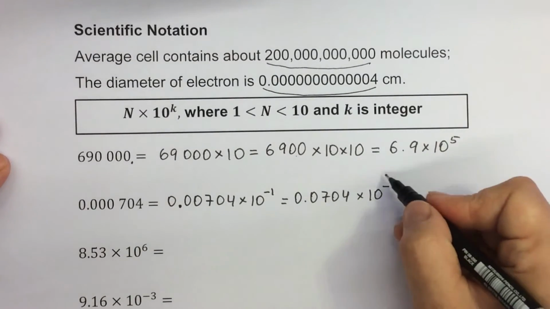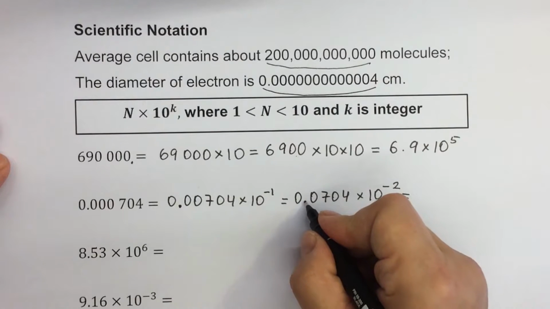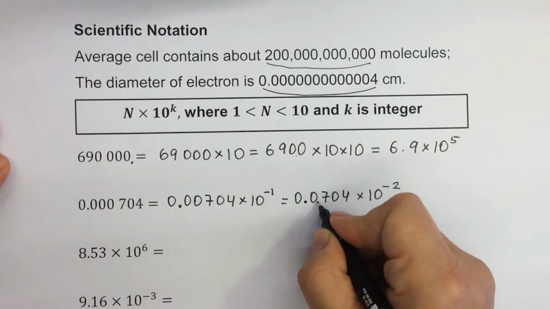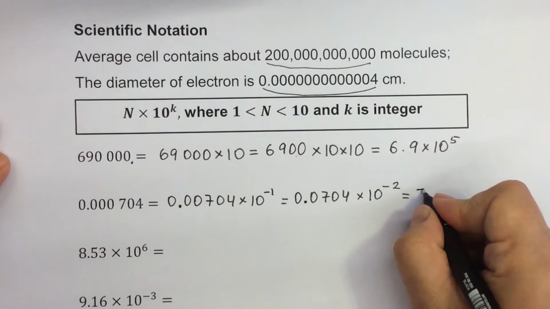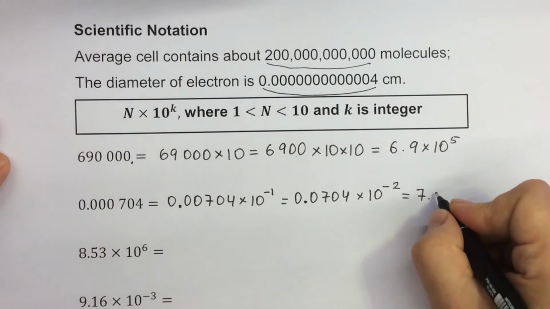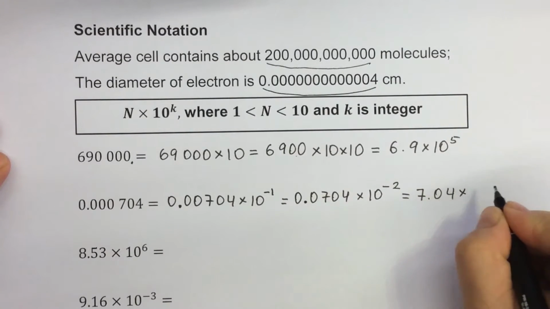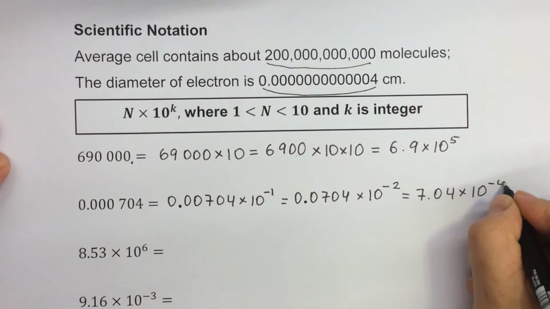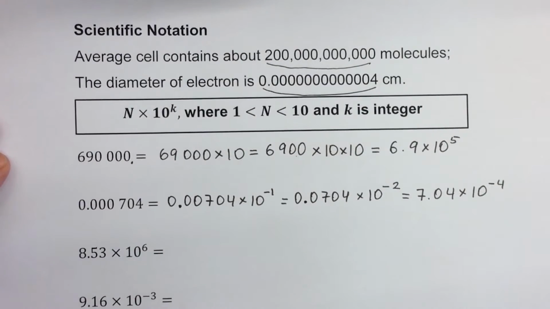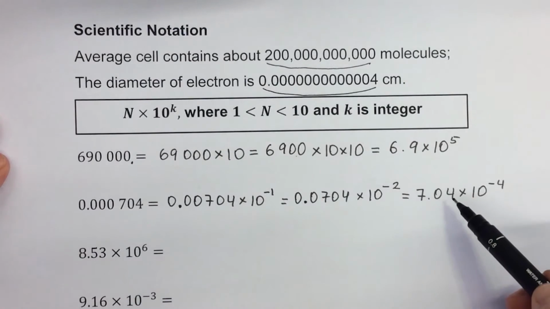So we already have minus 2, and we need to move the decimal point 2 places. So that gives us 7.04 times 10 to the power minus 4. Okay, that was an example of how we bring numbers to scientific notation.